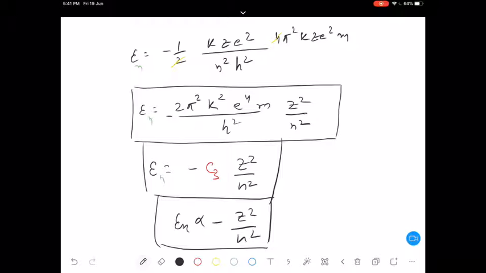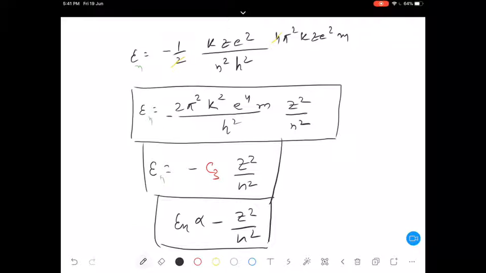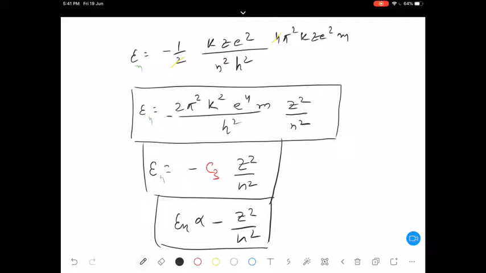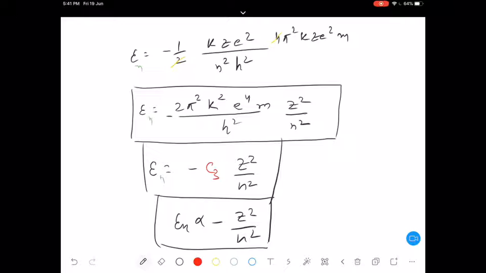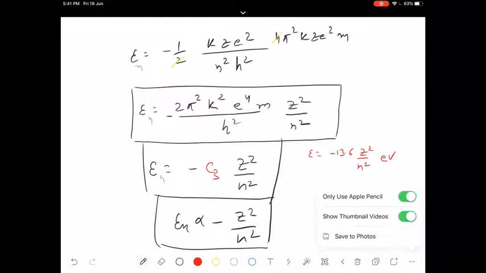Okay, now this value of C3, if I have to calculate, we can put these values so that we can define various expressions for energy. I'd like to write here: E is coming out to be minus 13.6 z square upon n square electron volt. You are going to check whether it is coming out to be correct or not.